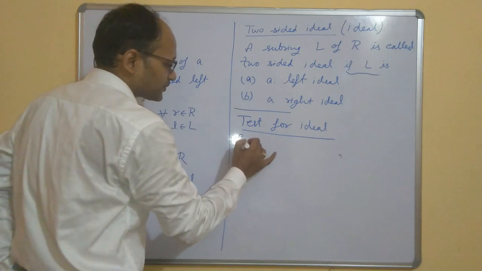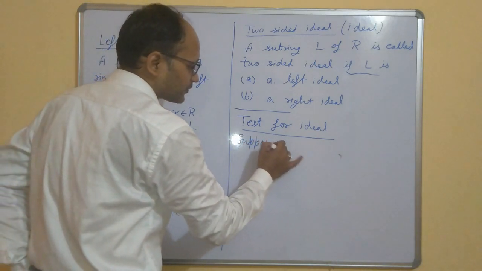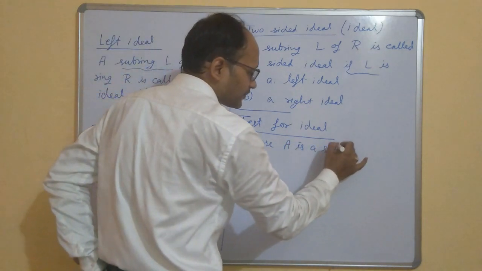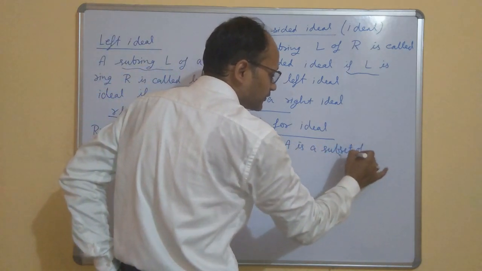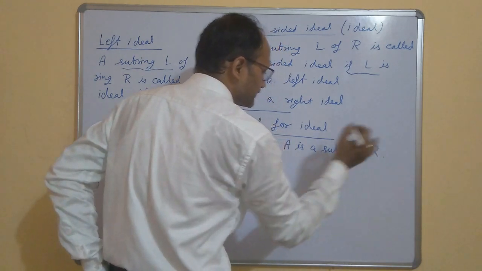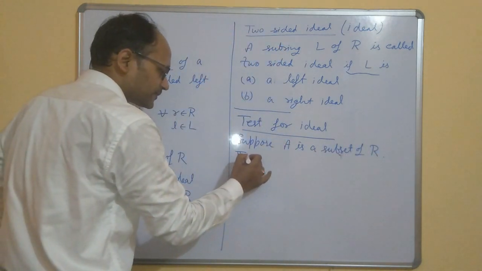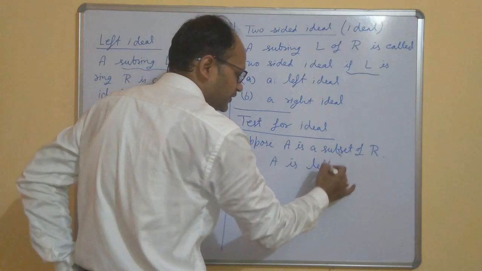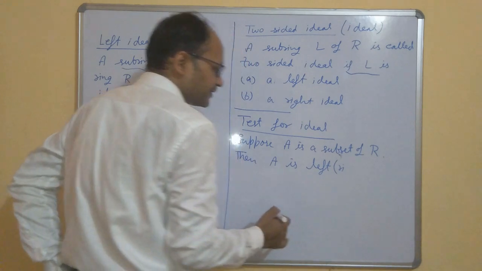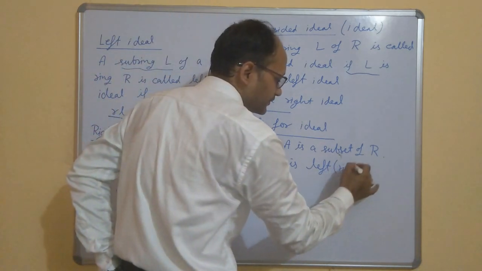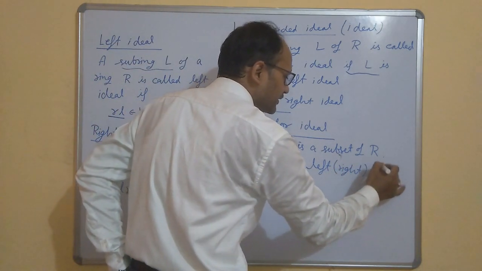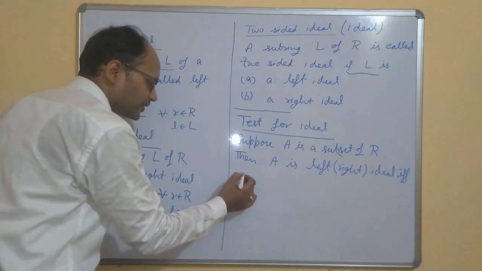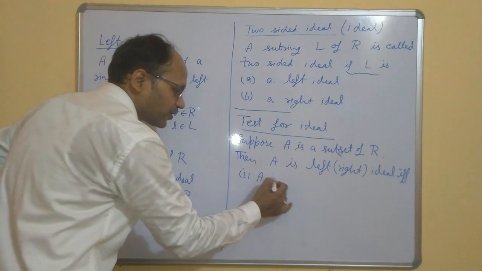Suppose A is a subset of the ring R, then A is left (and in bracket I am writing right) ideal if and only if, number 1, A should be non-empty.